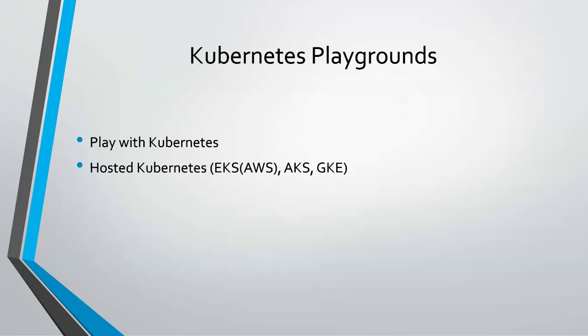AWS provides Elastic Kubernetes Service, and AKS. Using AKS also we can write the commands and set up our cluster. So directly we will be writing the commands in the Azure cloud provider. And another one, GKE, that is nothing but Google Kubernetes Engine. So this is the second option, hosted Kubernetes.